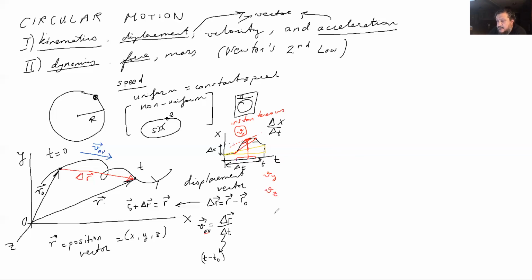So you will end up with this vector v, which is nothing but vx i hat plus, if you remember the unit vectors, vy j hat plus vz k hat.